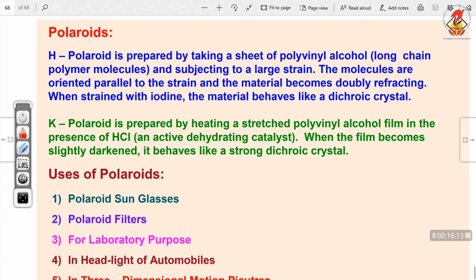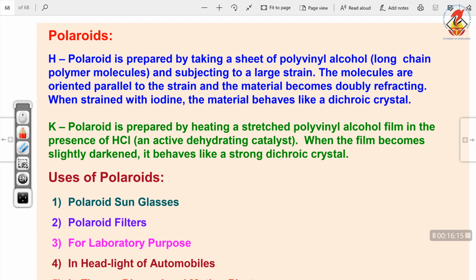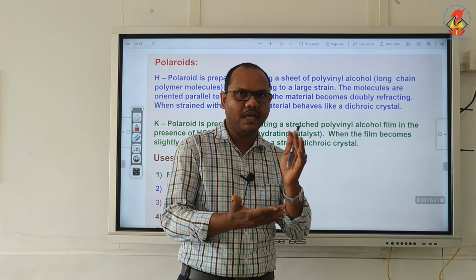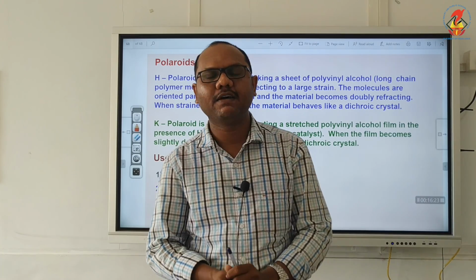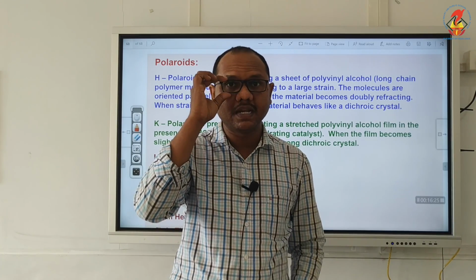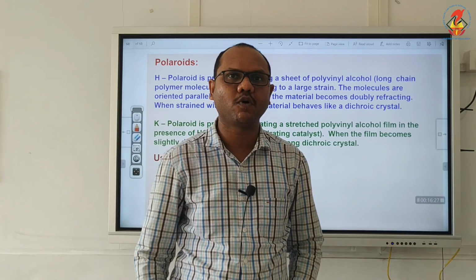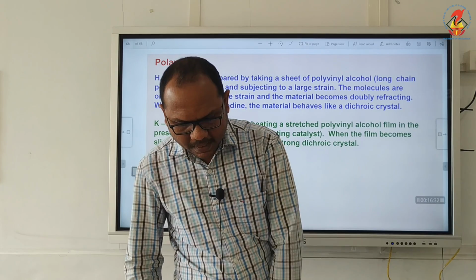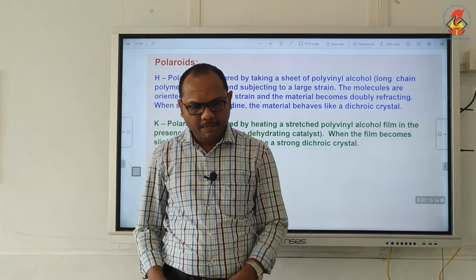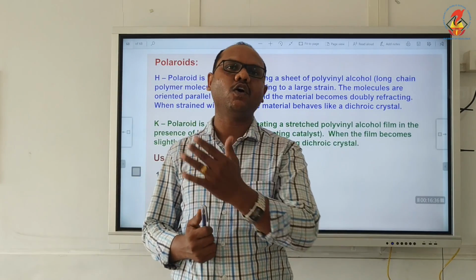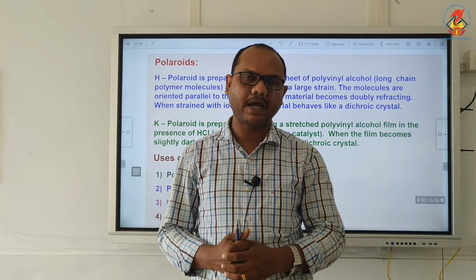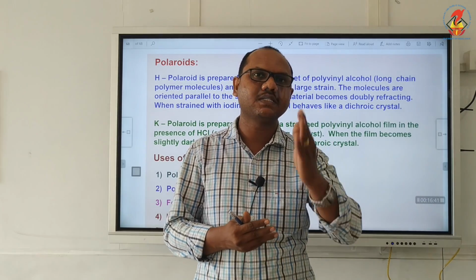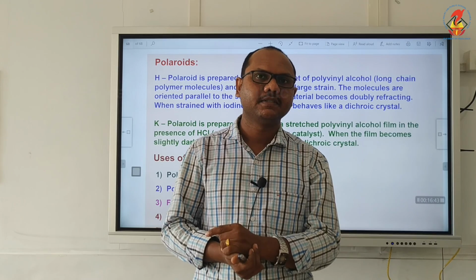Now the last thing is Polaroids. A Polaroid is a special sheet of material where the molecules are arranged in a definite pattern. I already told you, in glasses, in spectacles, they use Polaroids. In Polaroids the molecules are aligned in a definite pattern.